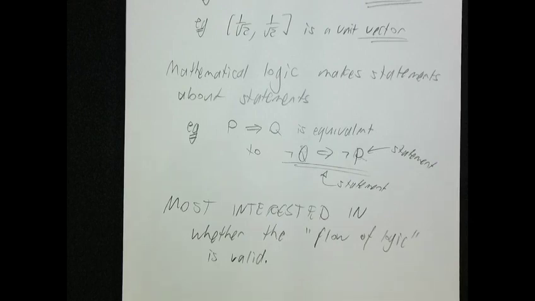It's a bit like asking, with your maths, is my working correct, as opposed to is the answer correct? Even if you copied down the wrong question, but all your working was right, it would seem reasonable to give you marks for the working that you did, even though the question was wrong. And it's a similar sort of idea here in mathematical logic.